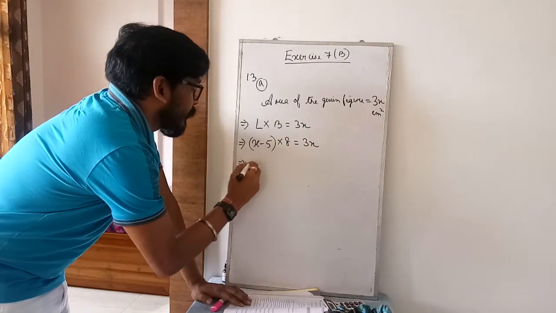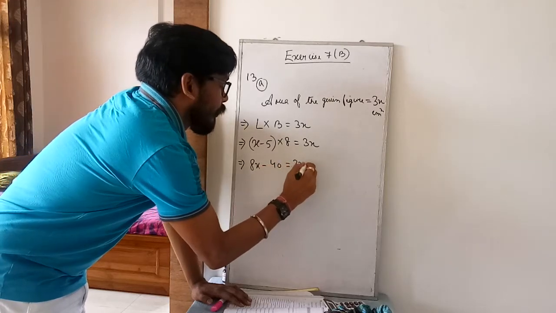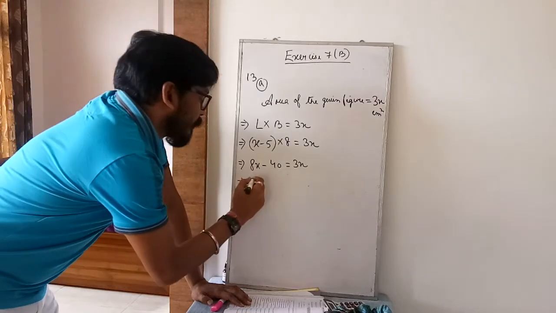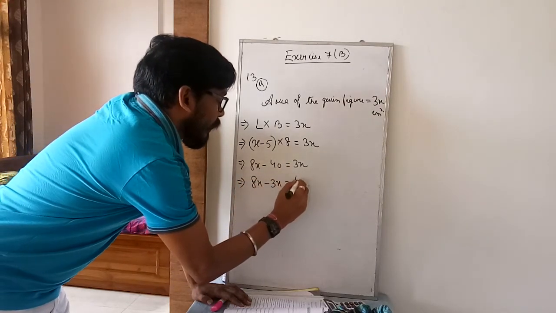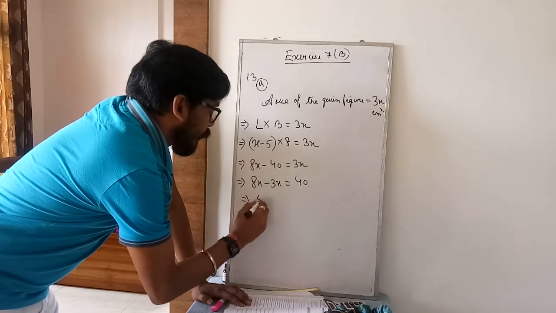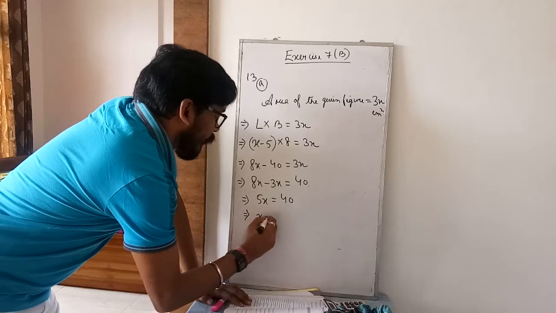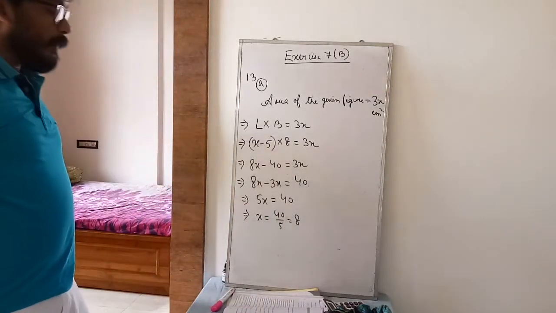Now let me multiply it. It is 8x minus 40 equal to 3x. To solve this sum, to bring the x term to one side, 8x, 3x will come this side, minus 3x, here will be 40. So it is 5x equal to 40, x equal to 40 by 5, so it is 8. Got it?